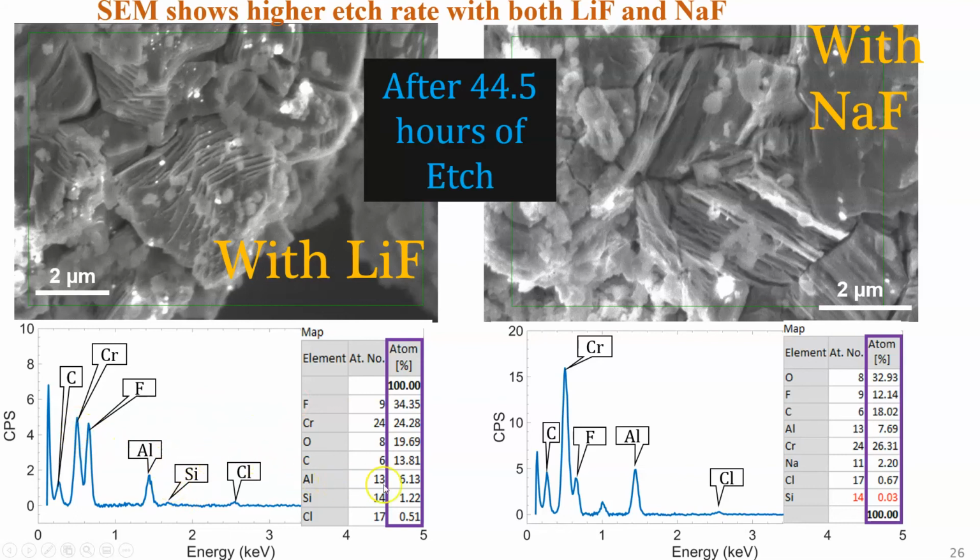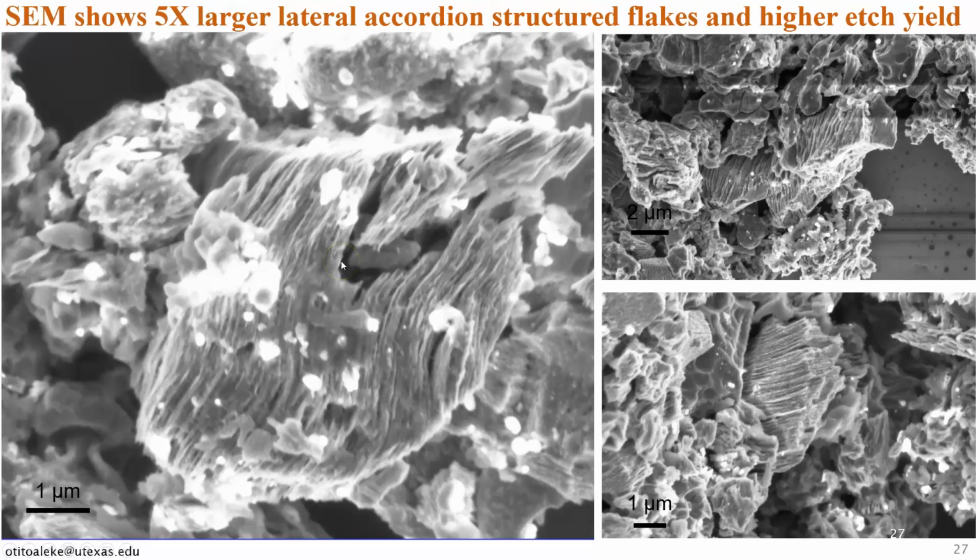Whereas when you use sodium fluoride, the fluorine peak is not as strong compared to the chromium. So that shows that sodium fluoride actually gives us less impurities or less contamination compared to the lithium fluoride option.